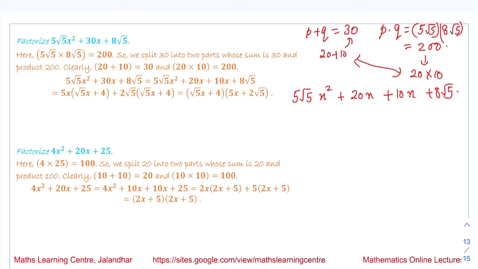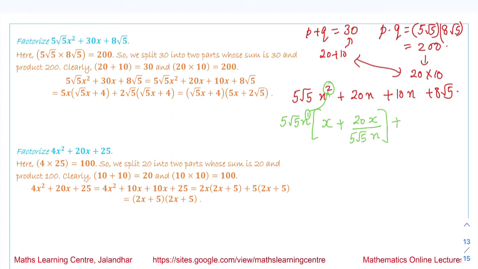What we can take common from the first term is 5 root 5x. Then you will take this term common. Over here the power is 2, over here the power is 1, so what we are left with is x. Again it is 20x over 5 root 5x.